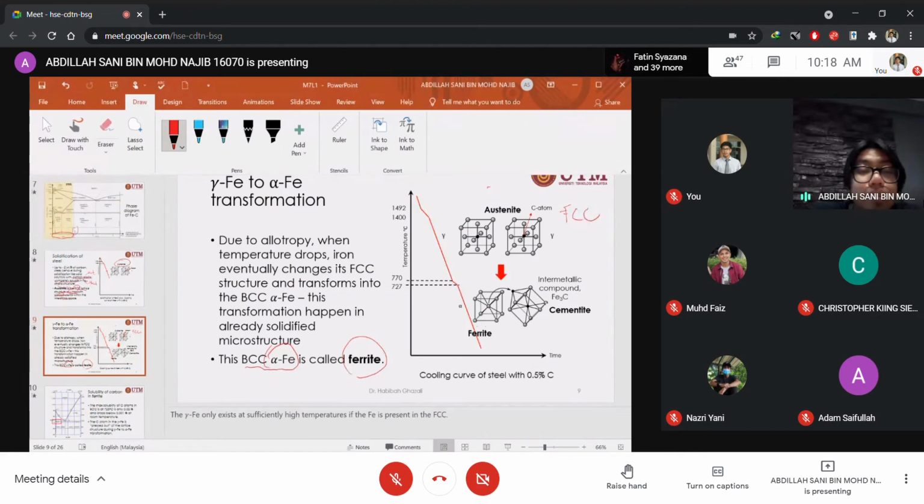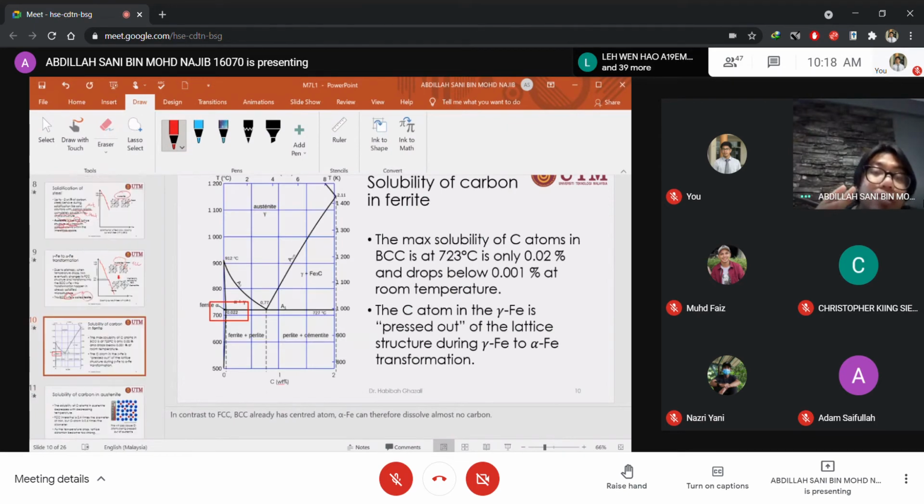This BCC iron is called the ferrite. During this transformation, austenite is solid and ferrite is also solid.